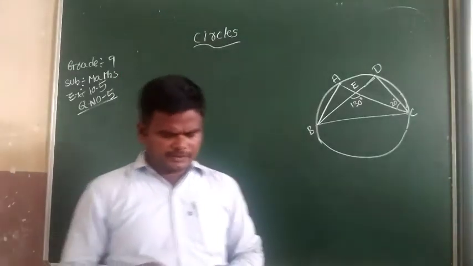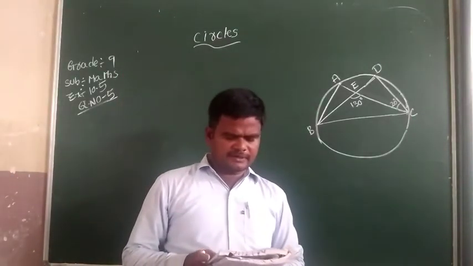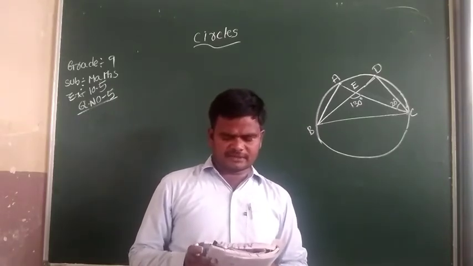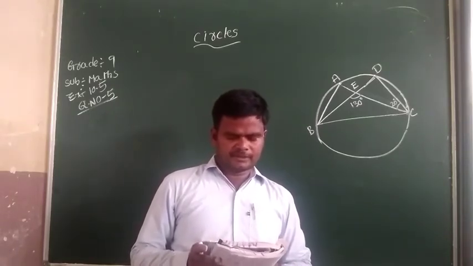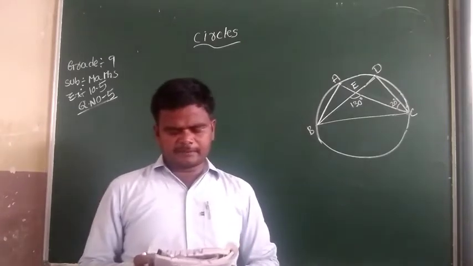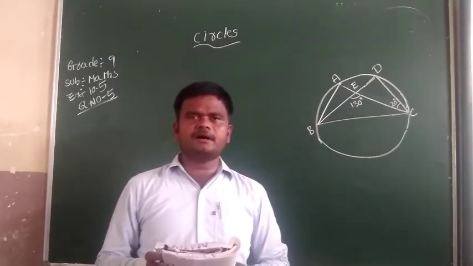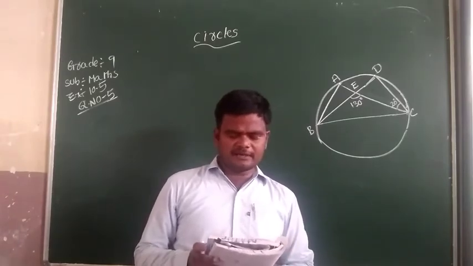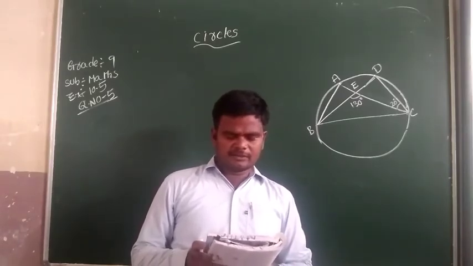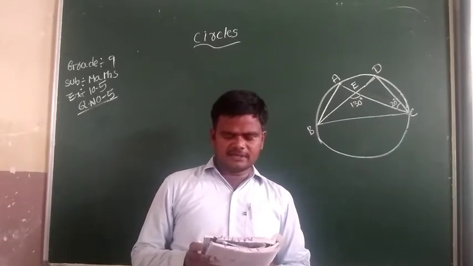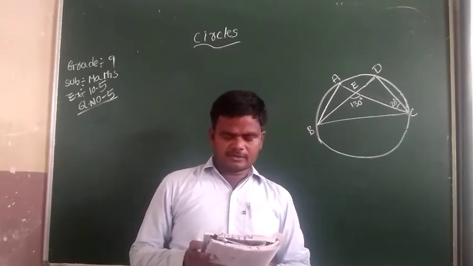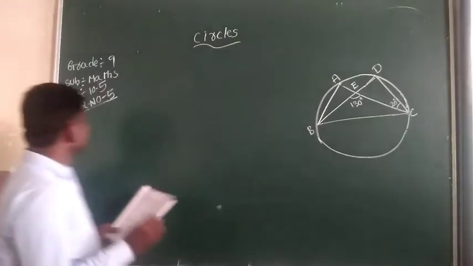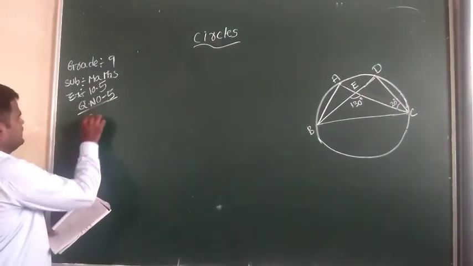Next, fifth one. In figure 10.39, A, B, C and D are 4 points on a circle. BD and AC intersect at a point E, such that angle BEC is equal to 130 degrees, angle ECD equal to 20 degrees. Find angle BAC. So what is the given here?